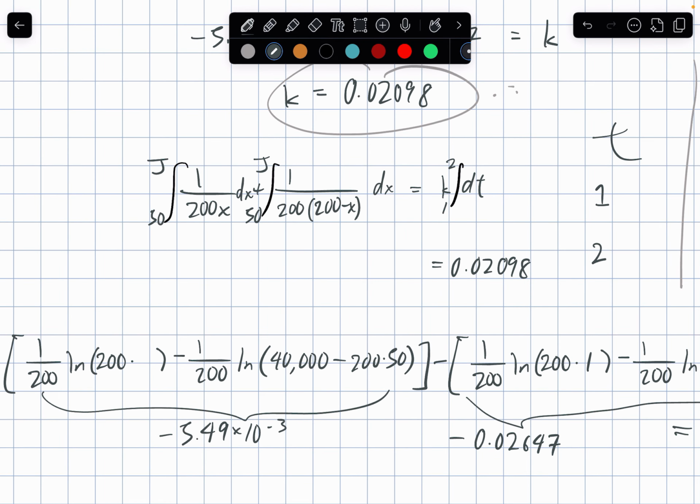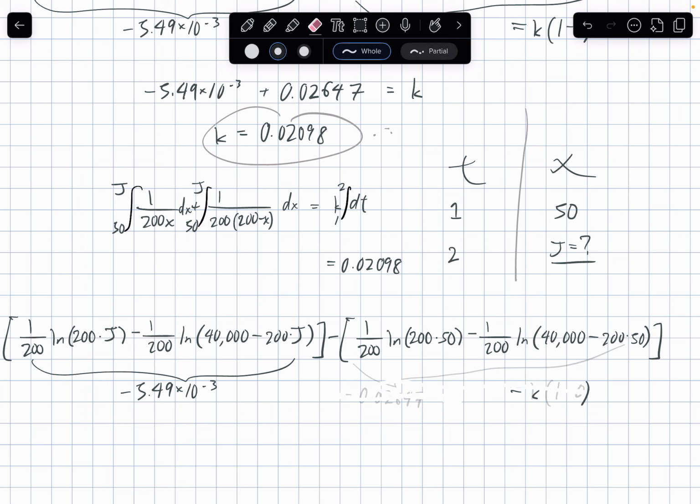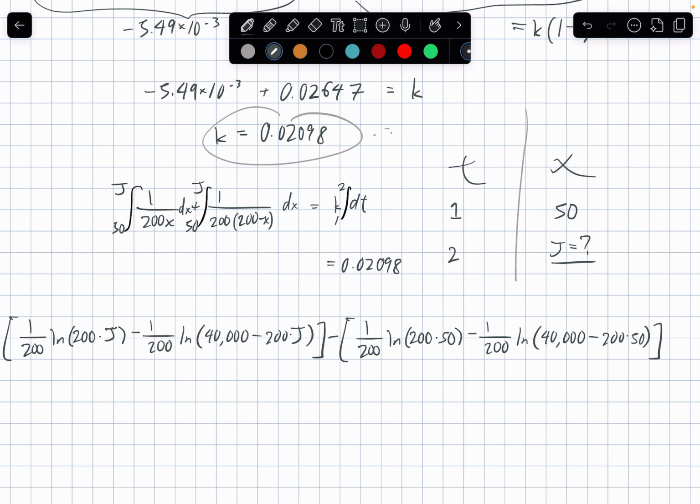Anyways, so this is gonna be j. This is gonna be 50. At the right side, so 0.02098 times quantity 2 minus 1.